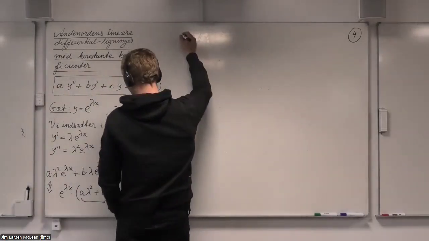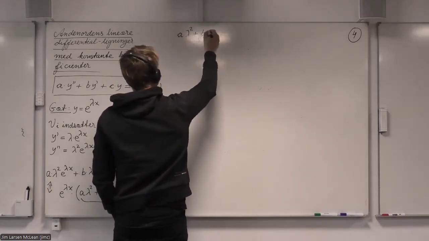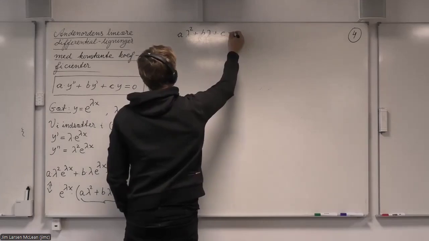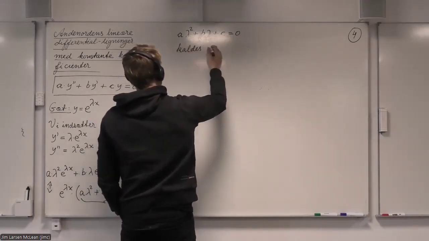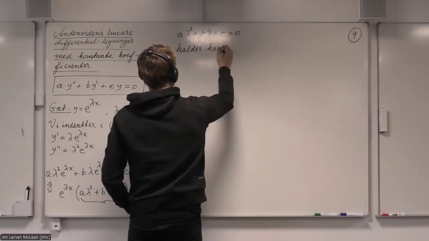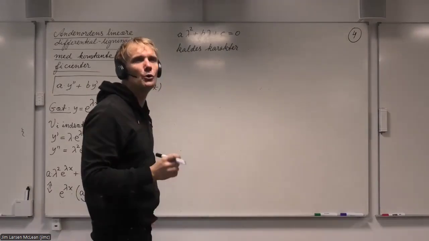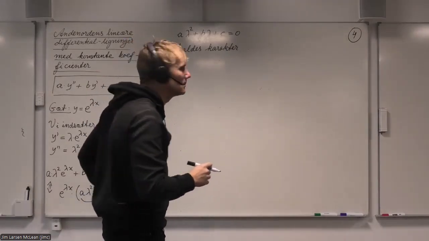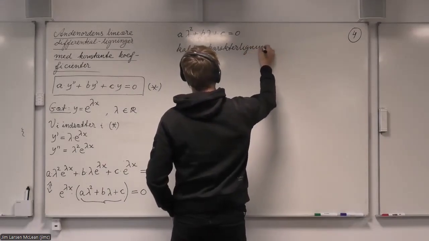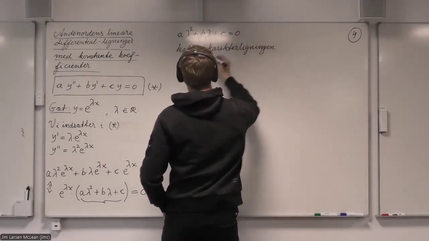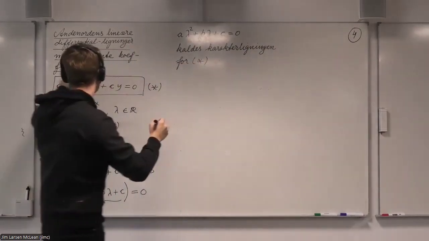So this, a lambda squared plus b lambda plus c equals 0, is called the characteristic equation, because it tells you the character or type of your differential equation. It's called the characteristic equation for the star, that is, for this differential equation here.